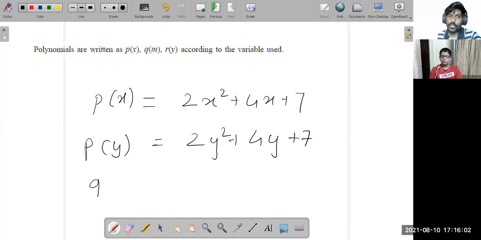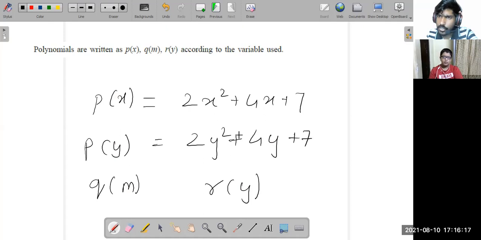Alternatively, we also use q(m) to denote a polynomial, or r(y) to be the polynomial r, and the variable inside the bracket will be the variable used. They are just notations for polynomial. But inside the bracket, whatever variable is there, that variable will be used entirely in the polynomial.